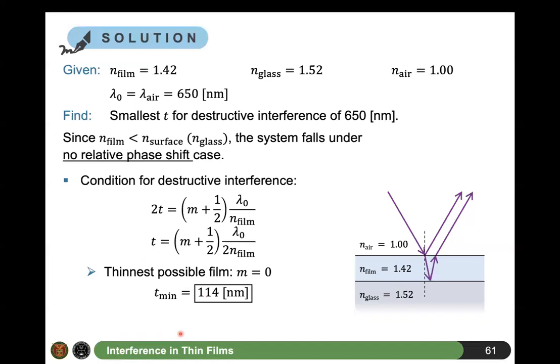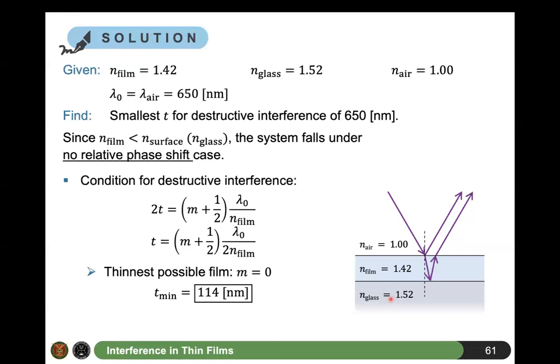So again, reading comprehension, alamin ko ano yung index of refraction ng film, ano yung index of refraction ng surface, tingnan kung increasing or decreasing, or nag-increase then decrease, or baliktad. Kapag always increasing or nagdi-decrease, no relative phase shift.